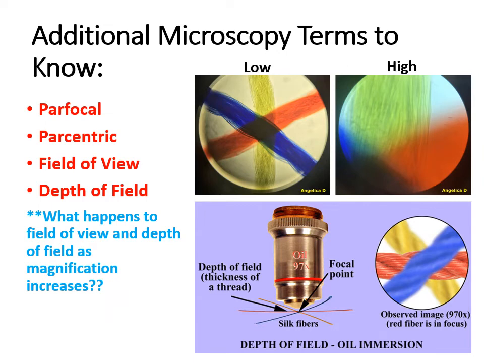The last few microscopy terms that I want you to know are parfocal versus parcentric, and then field of view and depth of field. So what parfocal means is the microscopes that you use in microbiology are parfocal, where once you focus an image at one magnification, when you then switch over to another magnification, your image should stay within focus, only requiring a little bit of fine-tuning, meaning once you focus at one magnification and switch to another, you do not need to ever touch the coarse adjustment knob again.